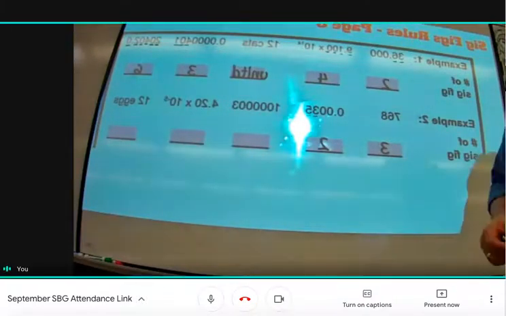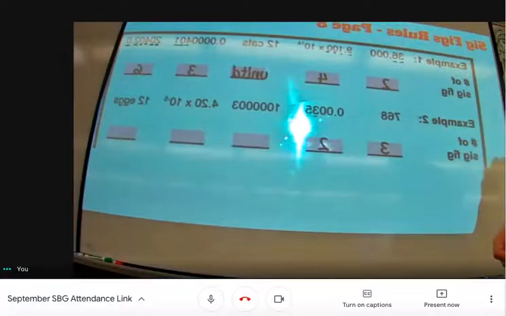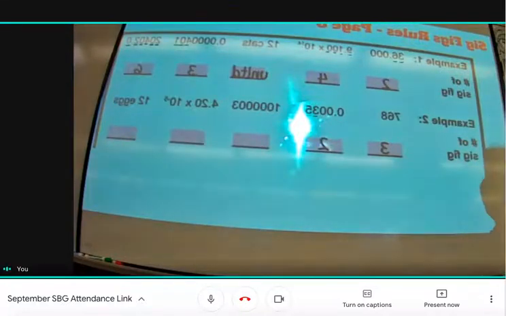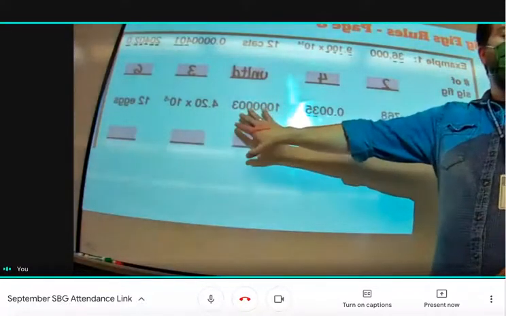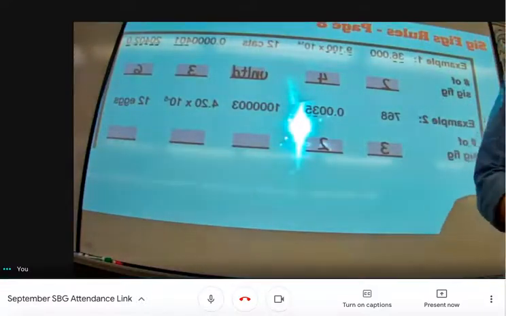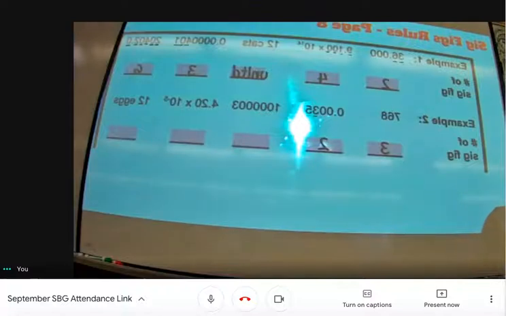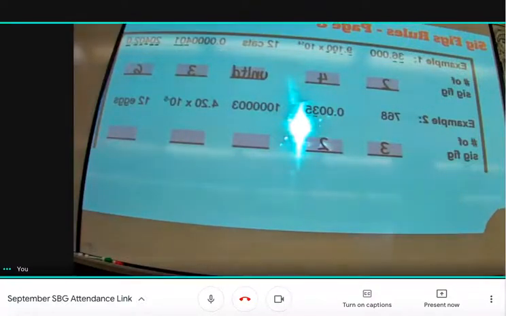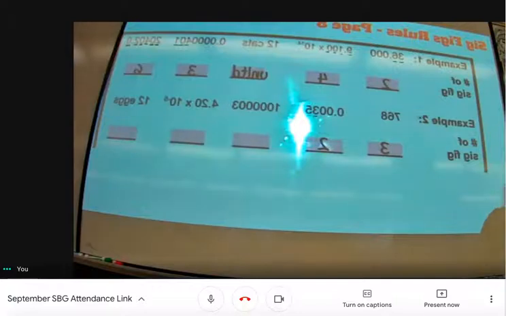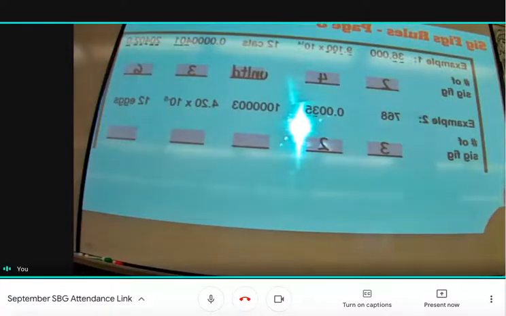Let's go with Layla. Can you unmute yourself and tell me how many significant figures you see in this number? Layla Padmore. Okay, not getting an answer there. Let's move on to someone else.